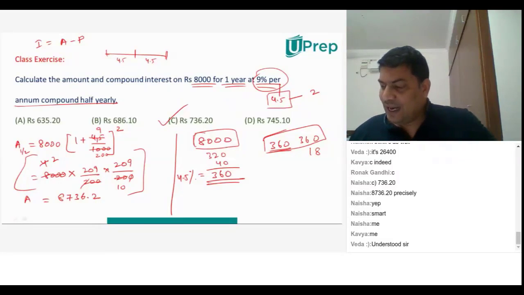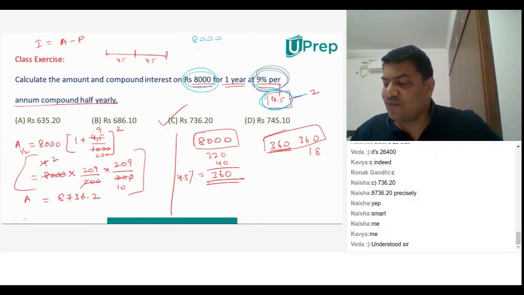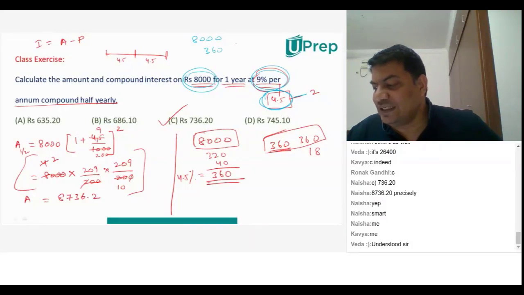I know it's 8,000 rupees, and instead of 9%, I know it's 4.5% twice. What is 4.5%? I know how to calculate 5%. 10% is 800, 5% is 400. But what is 0.5%? It will be 360. So I know it is 360 plus 360.